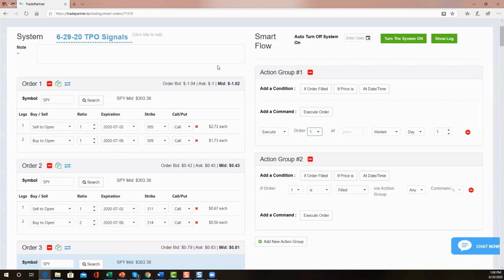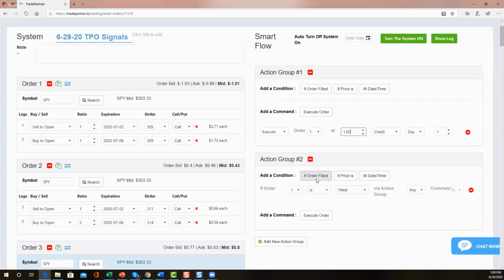And what happened here? Oh, there it goes. And we're going to do a credit, a $1 credit, and then we're going to execute order 2 if order number 1 is filled, right?